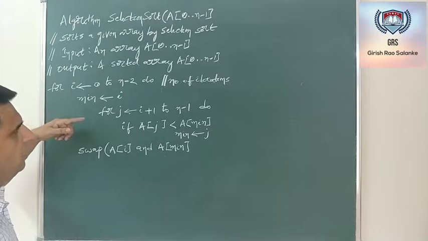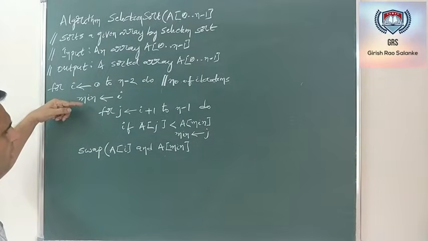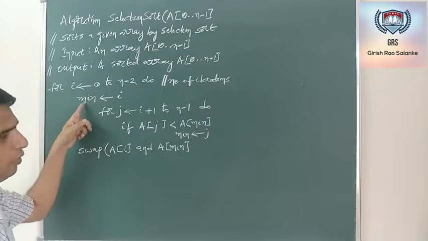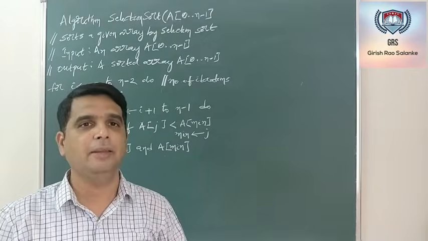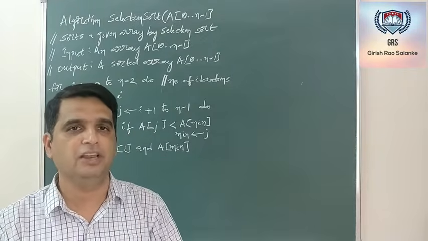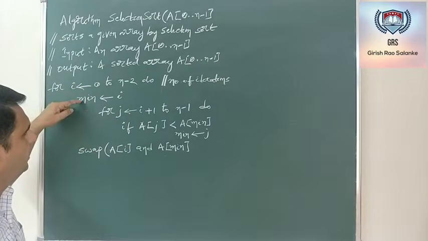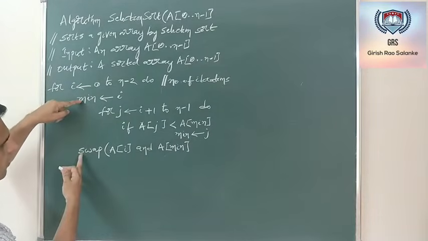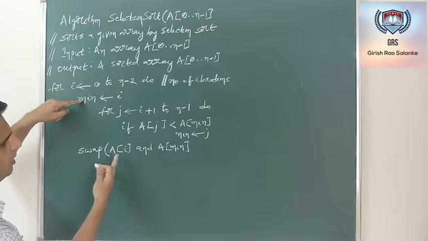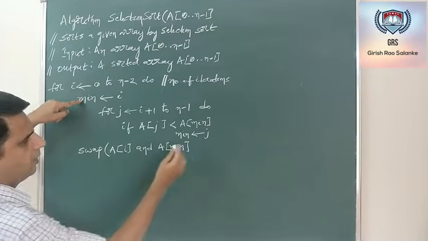In each iteration we assign min the position. Please note that min is not the element; min is the position of the smallest element. Once we find the position of the smallest element, we swap it with the element in that iteration.